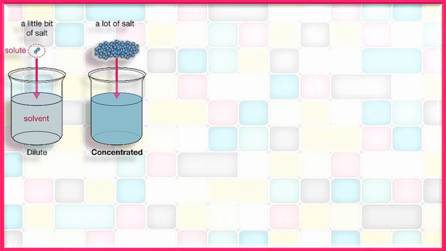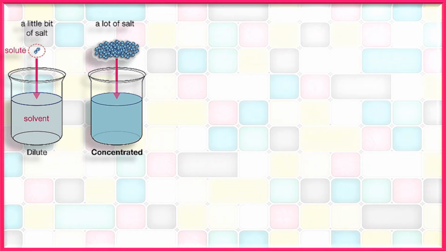If I take 1 teaspoon of salt and put it in water, or in the second beaker here, 20 teaspoons of salt and add it in water, the one which will be more salty and a little thicker and denser is the second beaker because it has a lot of solute in it.